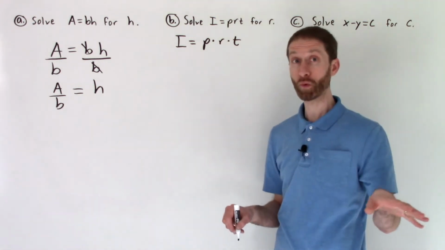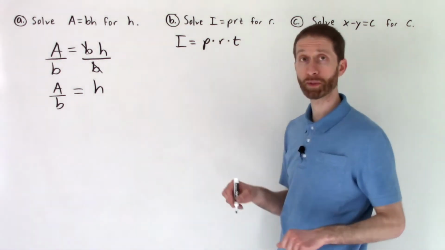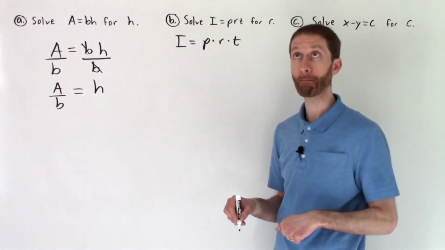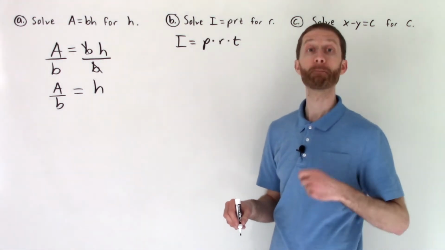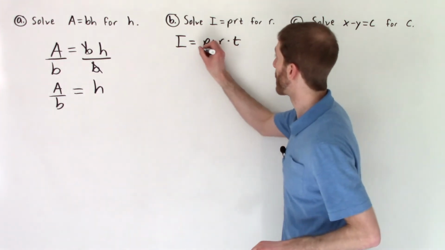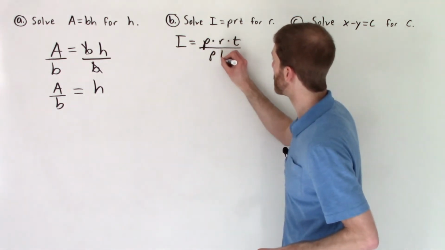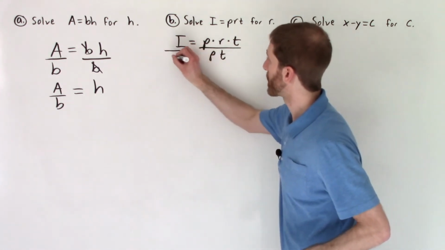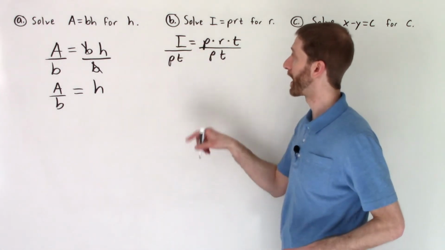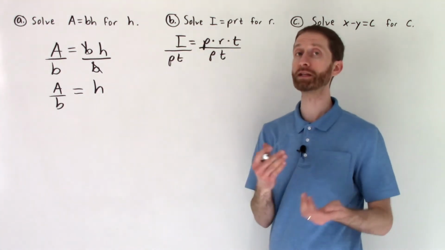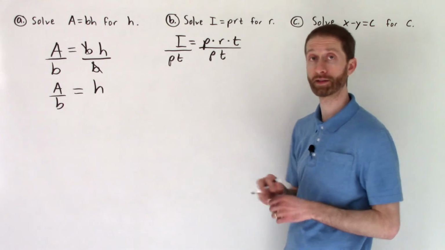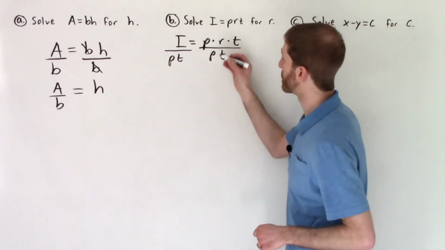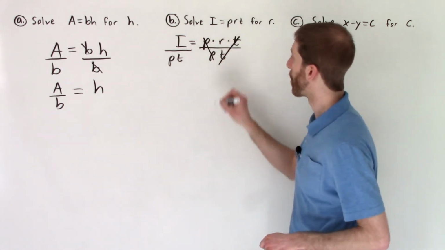I'm going to do this all in one step. I'm going to undo multiplication by P times T by dividing by P times T. So I'll divide everything by P times T. And I'll do that to both sides. Again, you don't care what the I is, you only care about undoing what's being done to the thing we're trying to solve for. In this case, that's R. The P's divide out, and so do the T's.